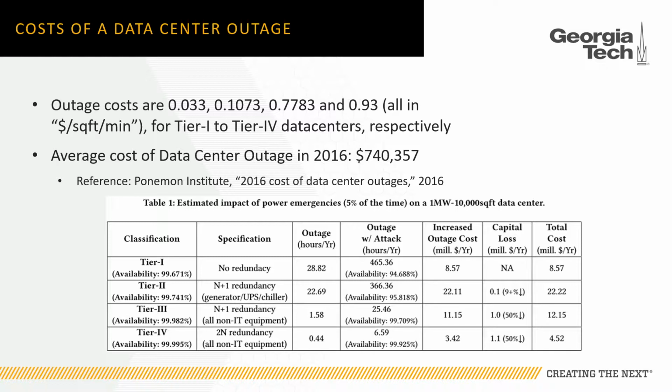Now, looking at the occurrence of an outage, we want to understand what is the cost of that occurrence and how those topologies from tier 1 to tier 4 data centers are impacted by the occurrence of an outage in the data center.